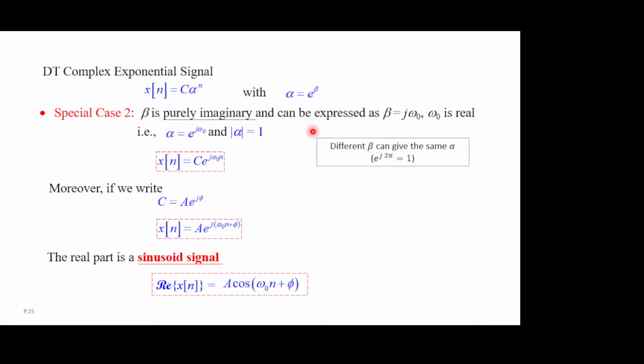And in this case, x of n can be periodic. But as we'll see, there are many tricky points. Anyway, that is the special case we consider now: x of n equals c e to the j omega naught n.